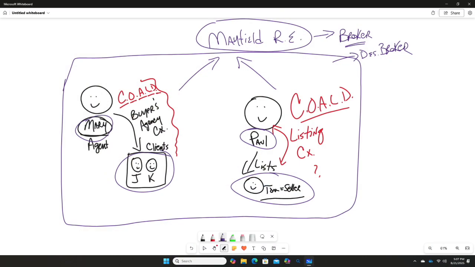However, in this example, we have Mary, who took a buyer's agency agreement with some clients, and Paul, who took a listing agreement with a client, Tom. Now, here's where the complication really comes into play. Let's just say that John and Carrie are looking at Paul's house that he has listed. So they're actually looking at Tom's house.